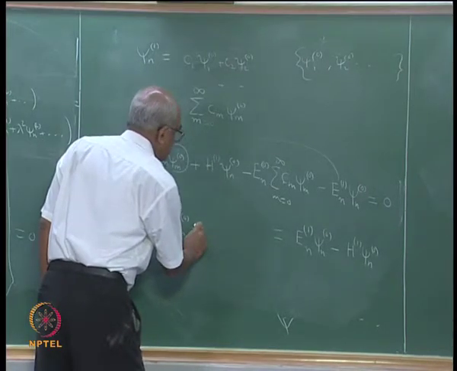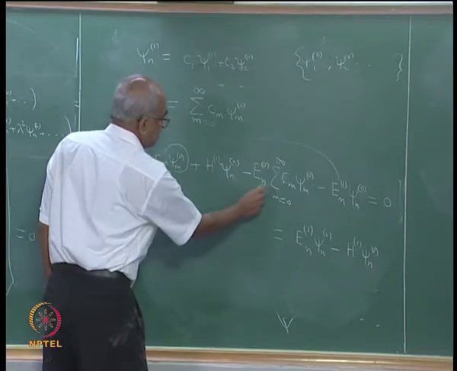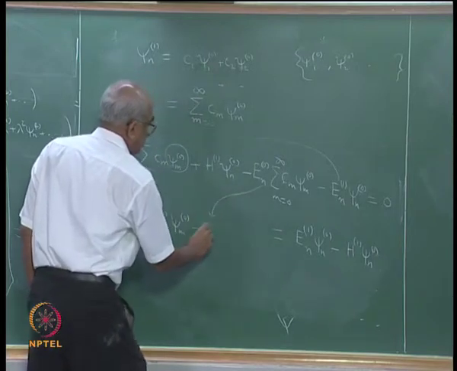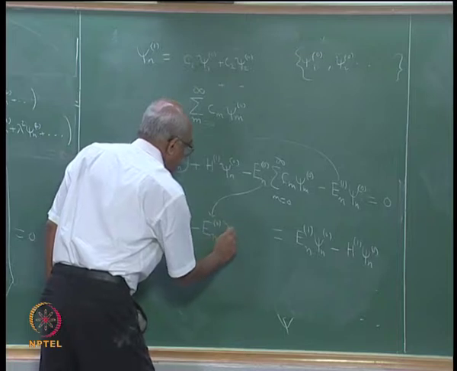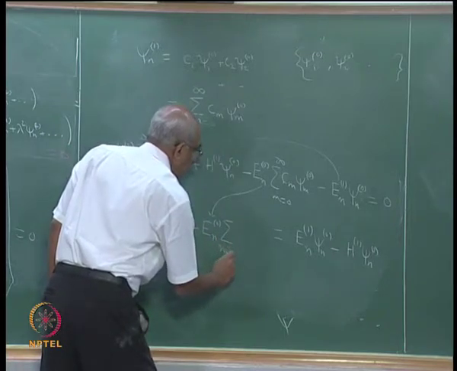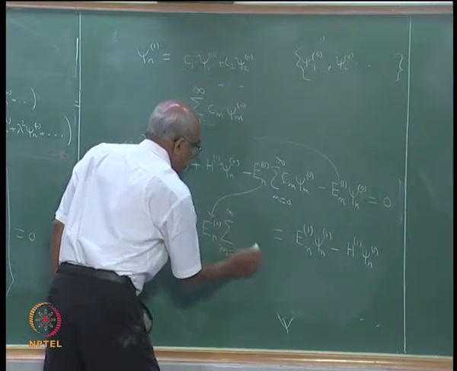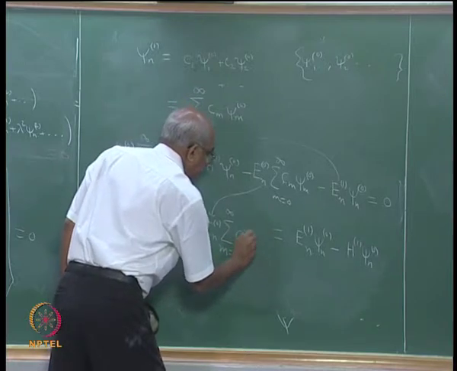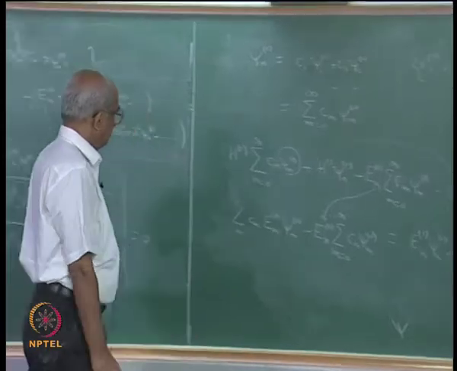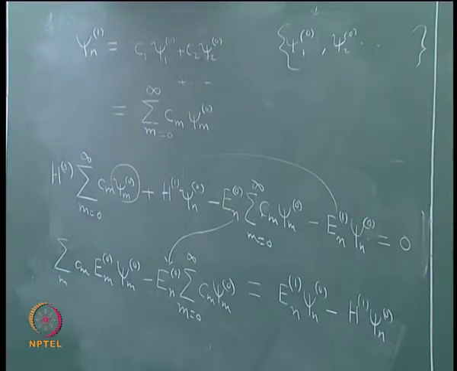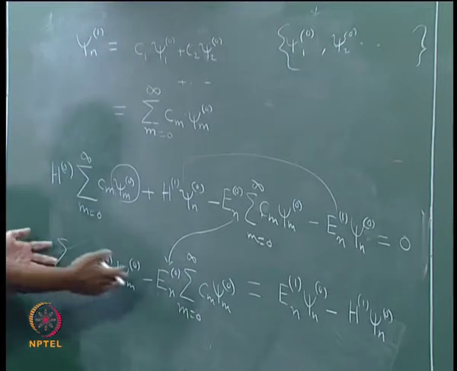Plus, oh no, it is not a plus, but this is the term that is left. So, minus E n 0 sigma m going from 0 to infinity C m psi m 0. Correct?